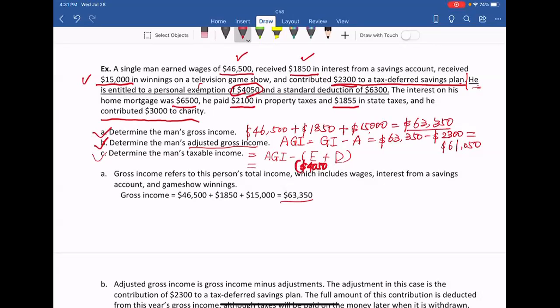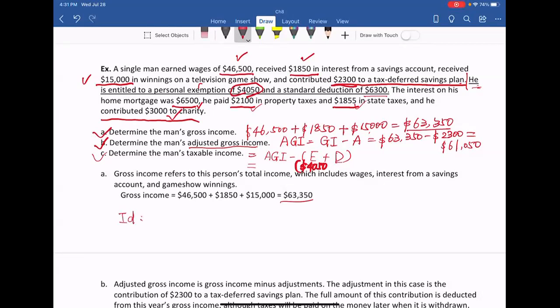Deduction, they gave us the standard one, 6,300, and they also provide us the itemized one, this one, this one, this one, and this one. We need to add the itemized together and see whether the standard deduction is greater or the itemized deduction is greater. So let me calculate the itemized deduction.